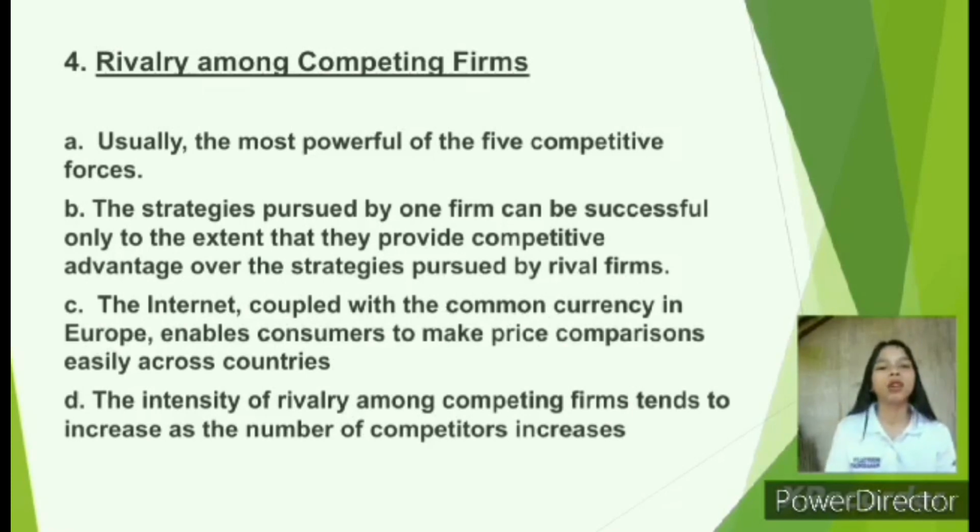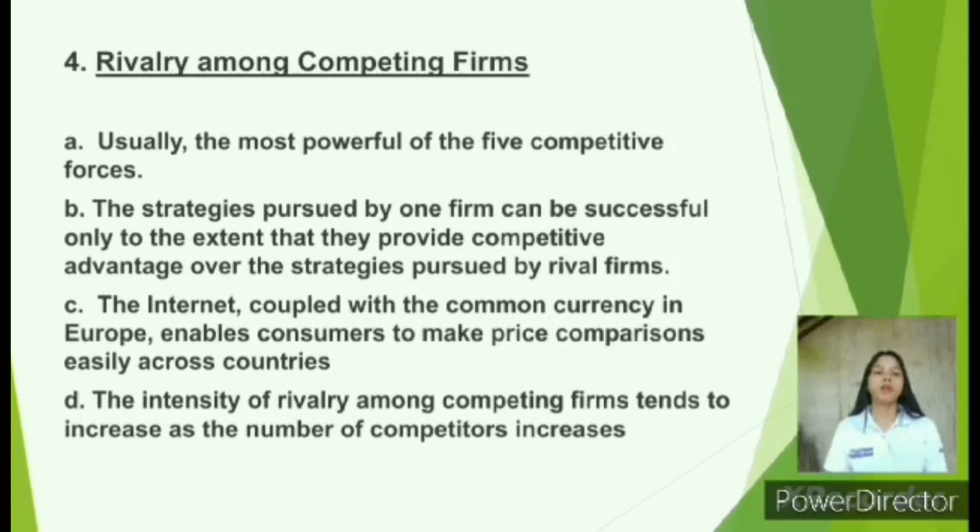C. The internet coupled with a common currency in Europe enable customers to make price comparisons easily across countries. The last is the intensity of rivalry among competing firms tends to increase as the number of competitors increase.